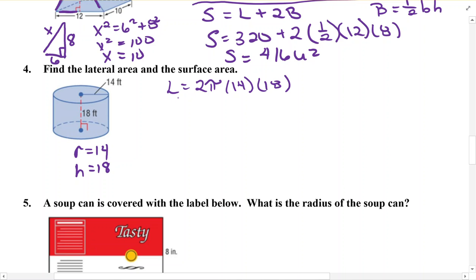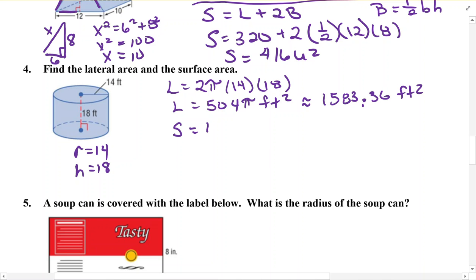So the lateral area is 504 pi feet squared, which is approximately 1583.36 feet squared.